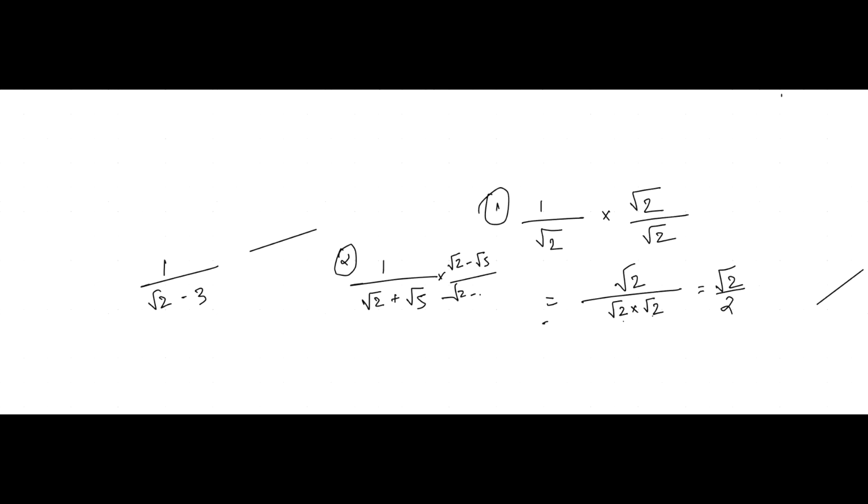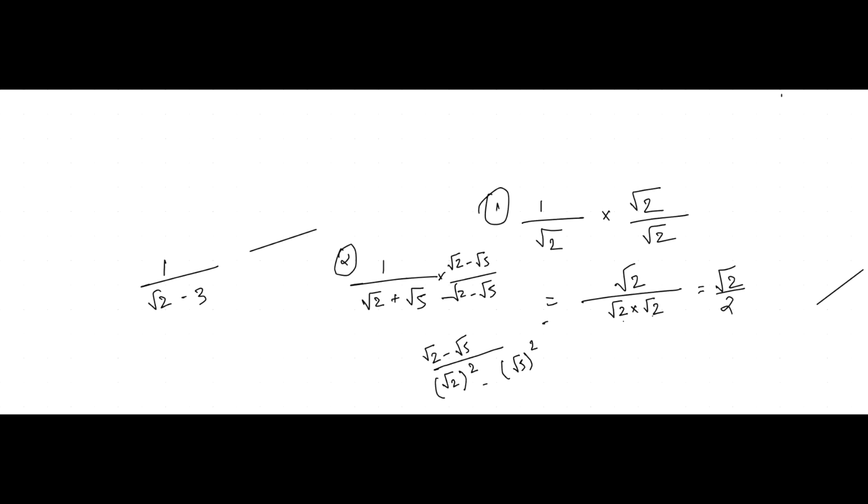So in the numerator it will be 1 into that, that means root 2 minus root 5. In the denominator you will see there is the formula a plus b, a minus b. That means under root 2, the first term squared minus the second term squared. Am I making sense to all of you? What exactly we are doing over here? Yes, ma'am. Ayan, are you getting it?